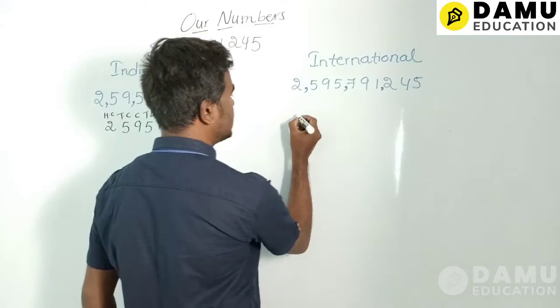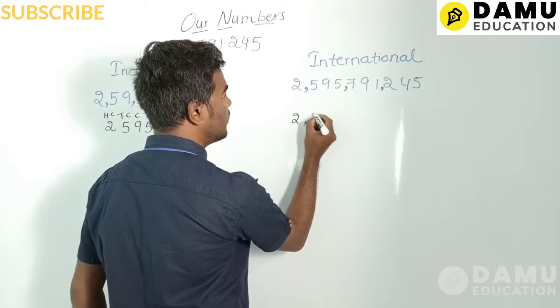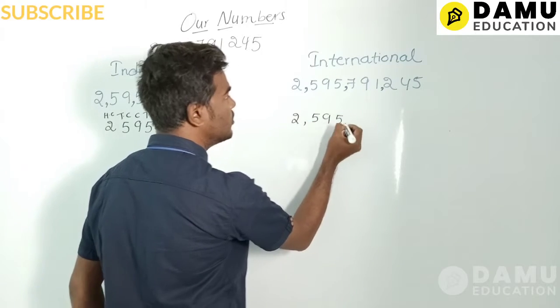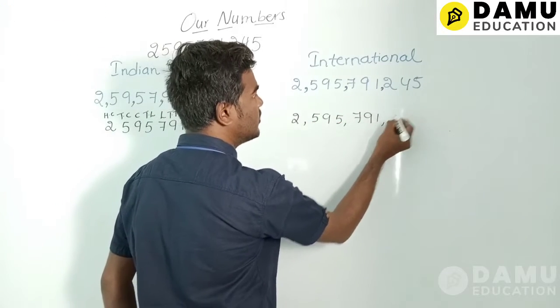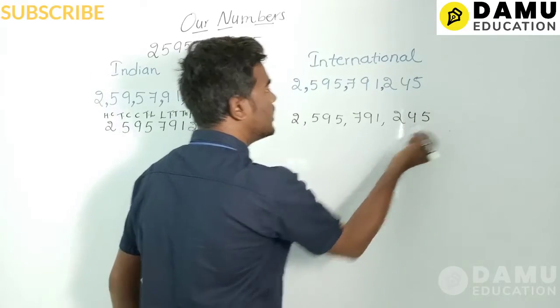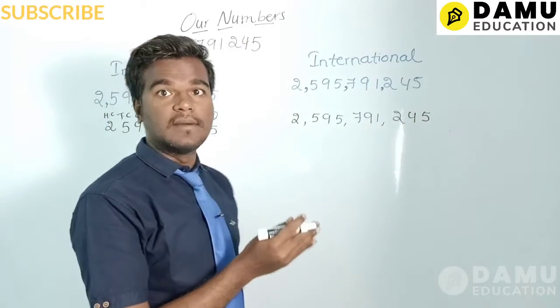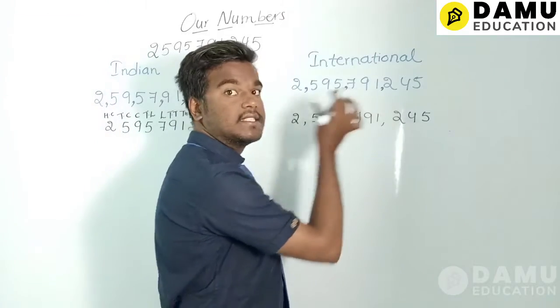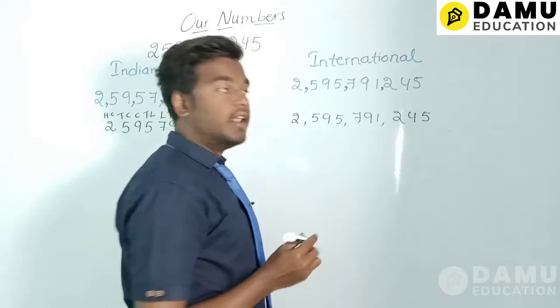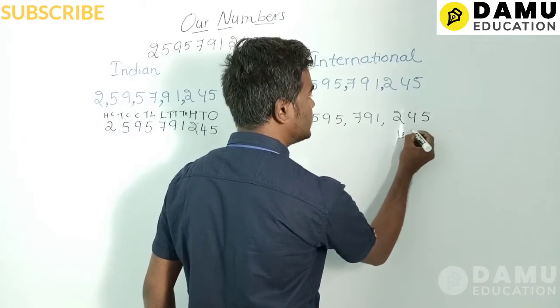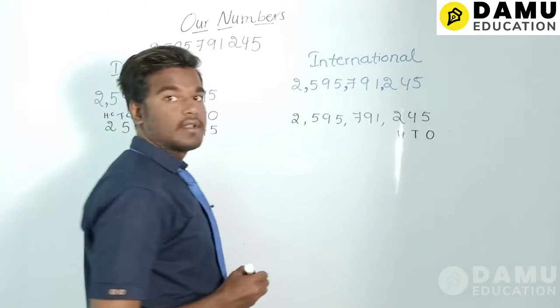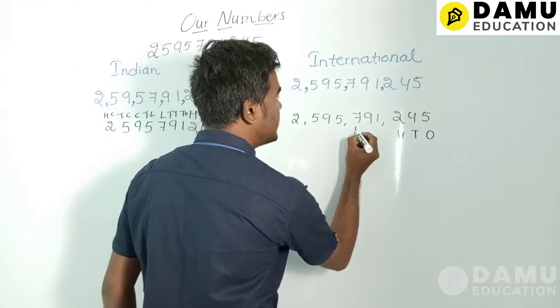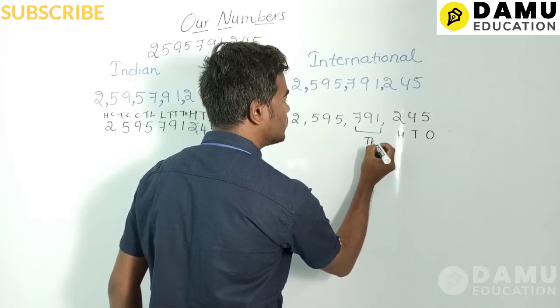So here, what is this? 2, 5, 9, 5, 7, 9, 1, 2, 4, 5. So in the international system, the first set of numbers, that is 245, will be hundreds, tens and ones. For this set, we can use thousands.